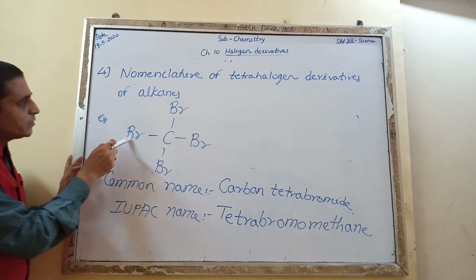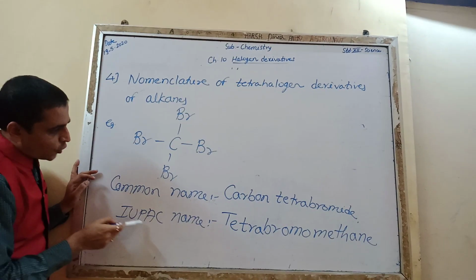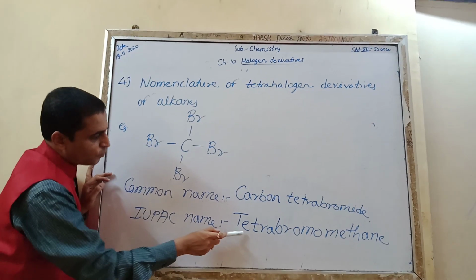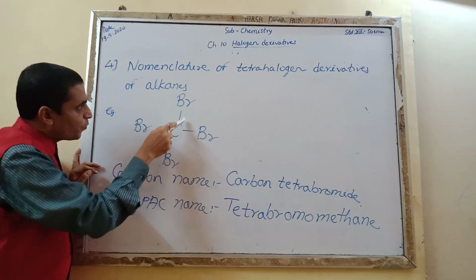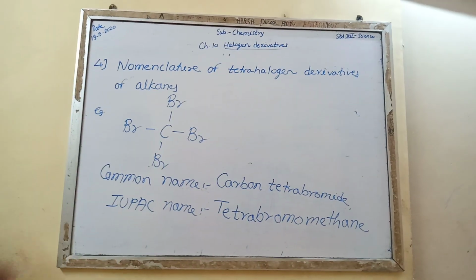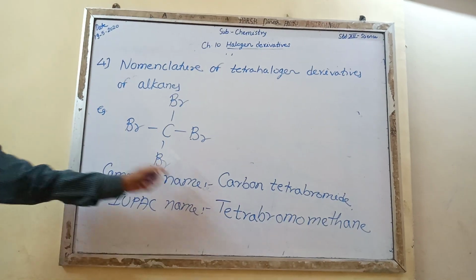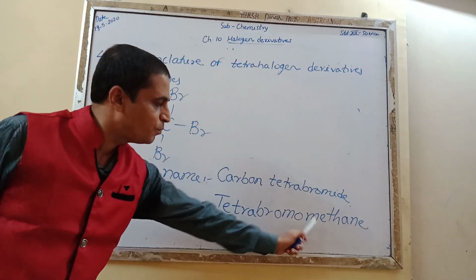If Br is replaced by chlorine, then you get carbon tetrachloride, and the IUPAC name is tetrachloromethane. Similarly, from methane four hydrogen atoms are replaced by Br atoms. If Br is replaced by I, then you get carbon tetraiodide, and the IUPAC name can be written as tetraiodomethane.